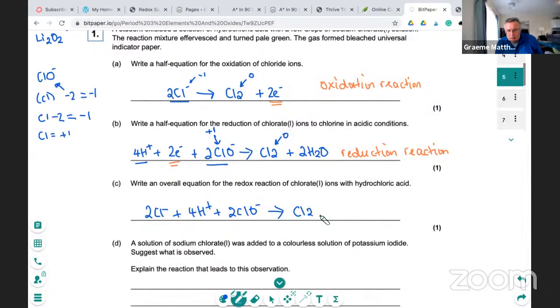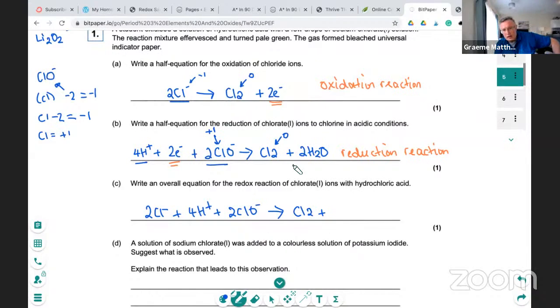Now I've got Cl2 up the top, and 2Cl on the bottom. Hold on, did I do something? No, hold on, that is indeed correct. I'm just checking. Hold on a minute, chemist. That's right. Yeah, 2ClO minus, 2Cl.